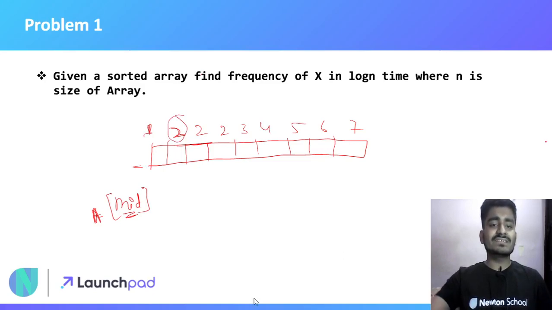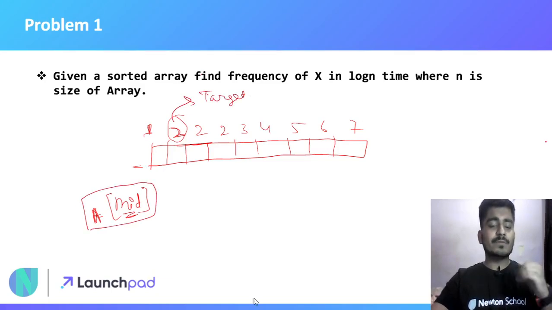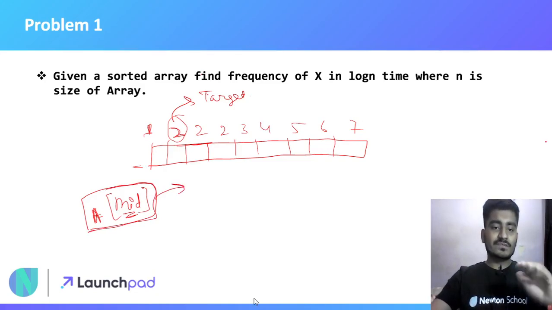In this case our target is 2. So we will simply use a standard binary search here, or try to use a standard binary search. We take out the mid index, and then there will be three possibilities only.